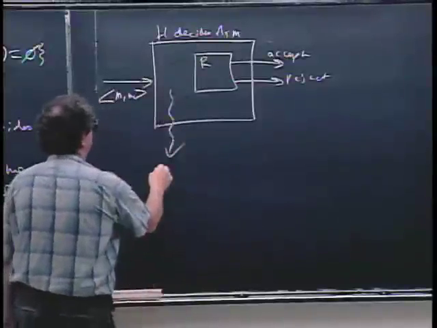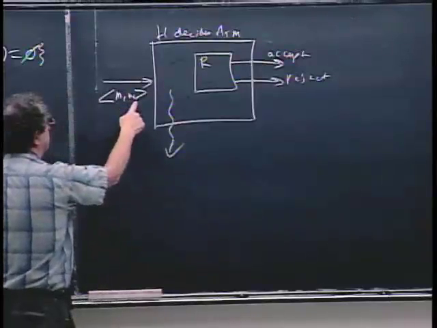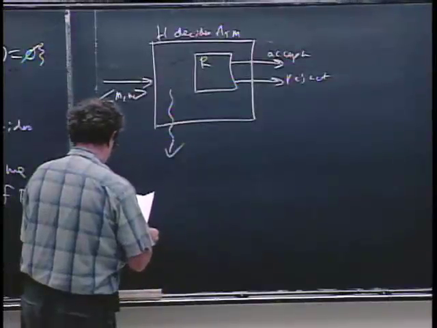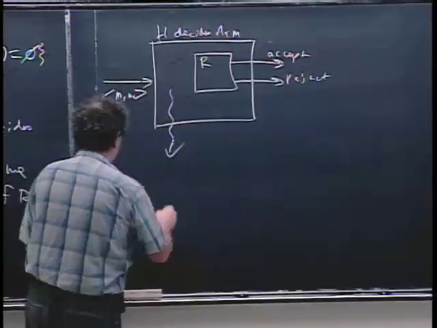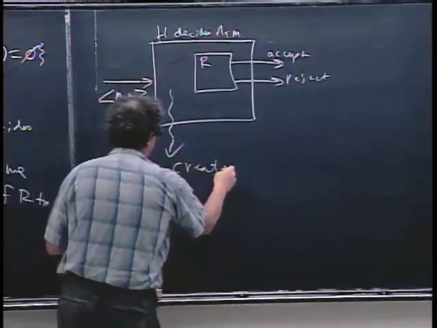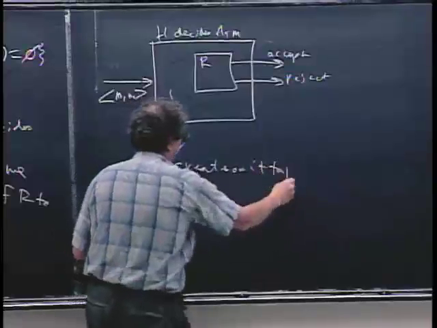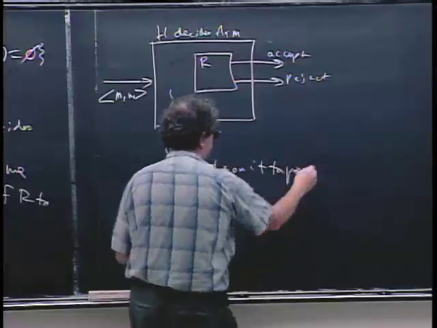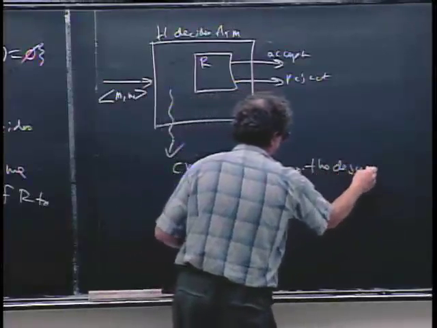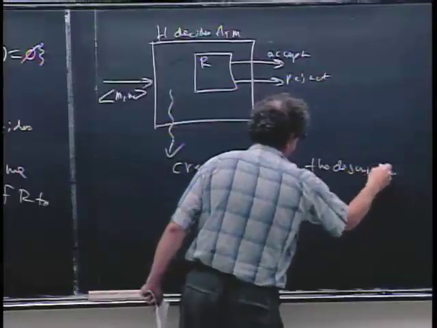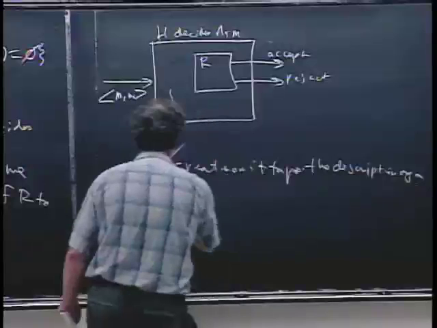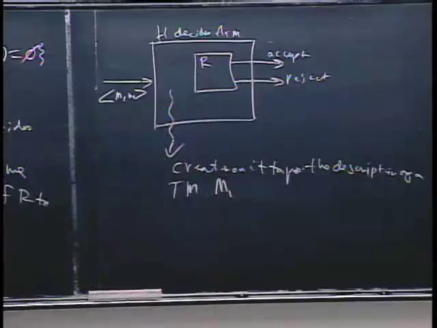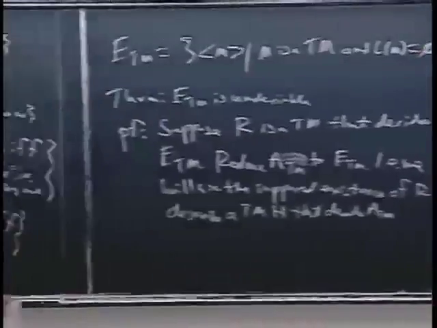Okay, so what H does, remember, H is taking an M and W. So it creates on its tape, or writes on its tape, the description of a Turing machine, let's call it M1. Oh, where's my magic chalk? There.